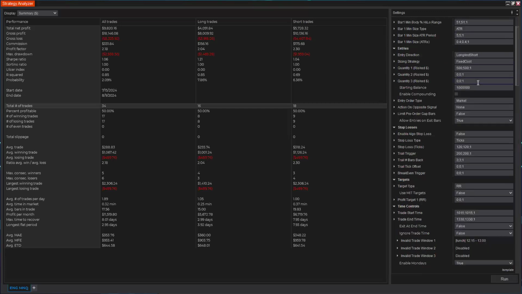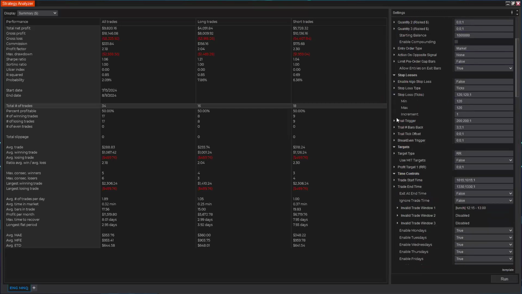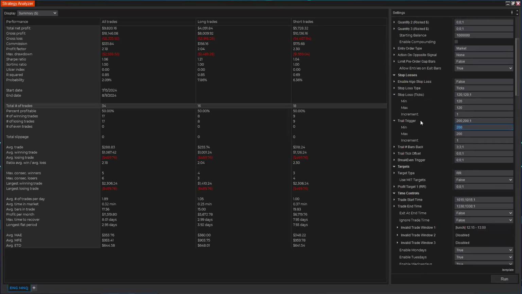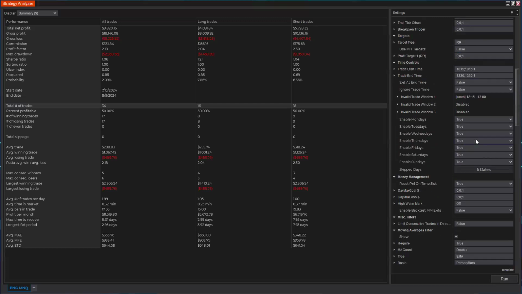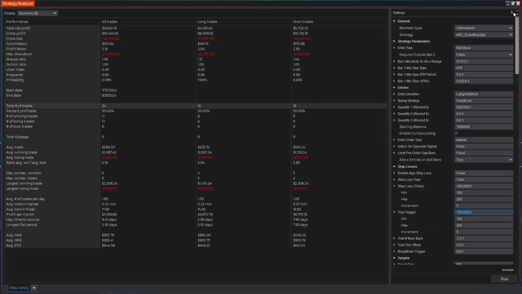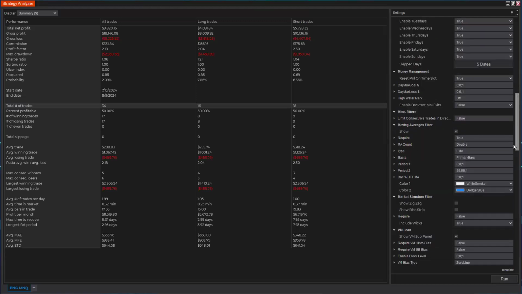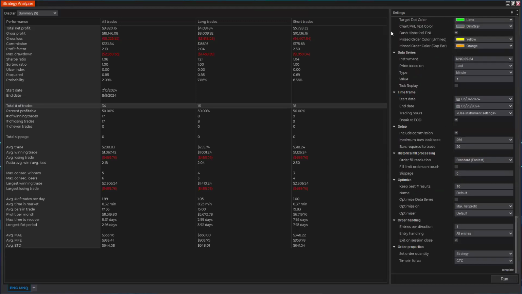It's a little bit more open on this. We're going to test the stop and the trail. 100 to 200 by 5. 100 to 200 by 5. Cool deal. Good to go. And then we'll go ahead and run that.